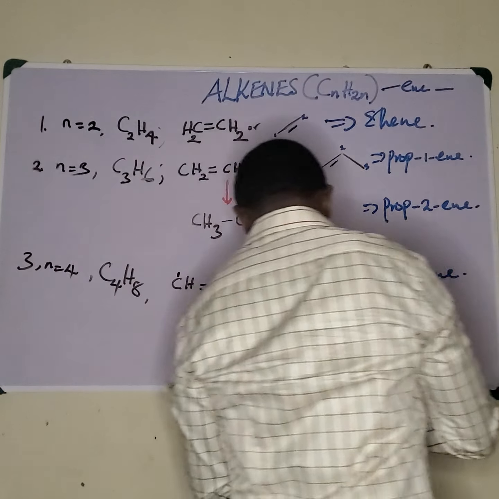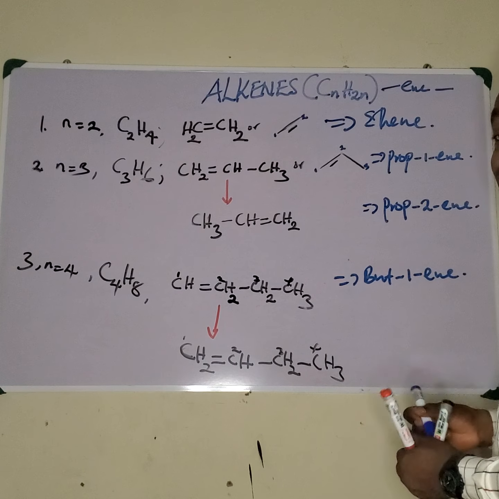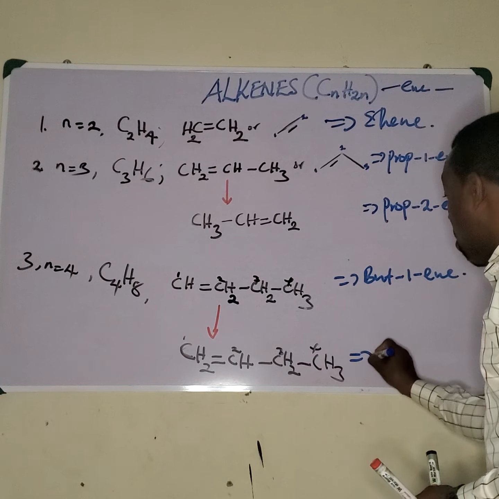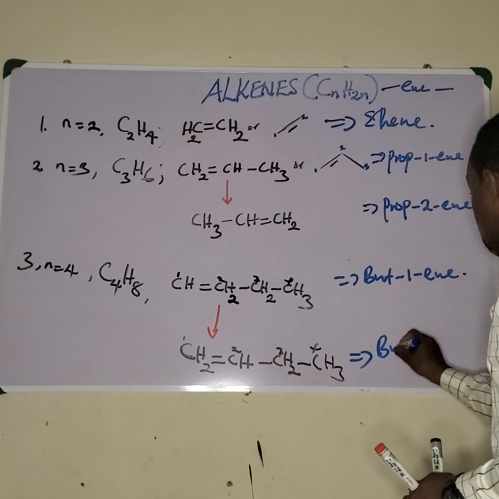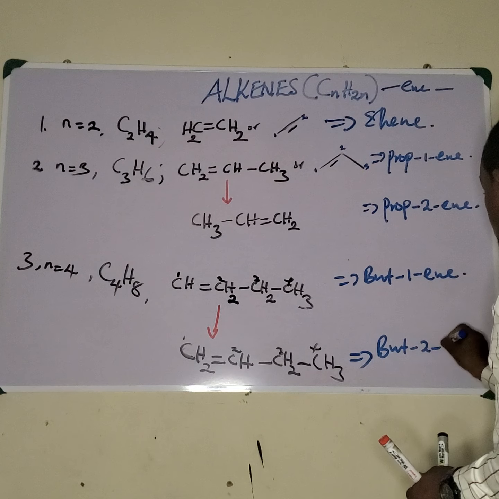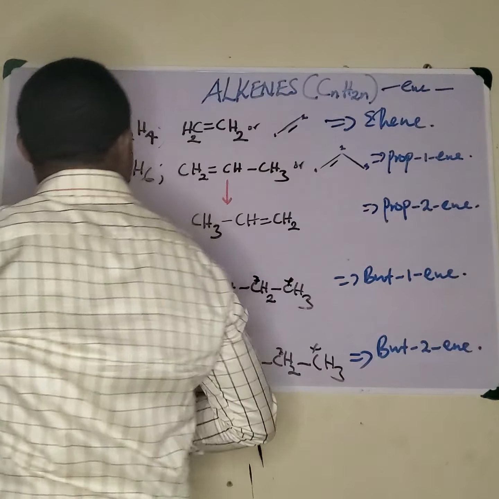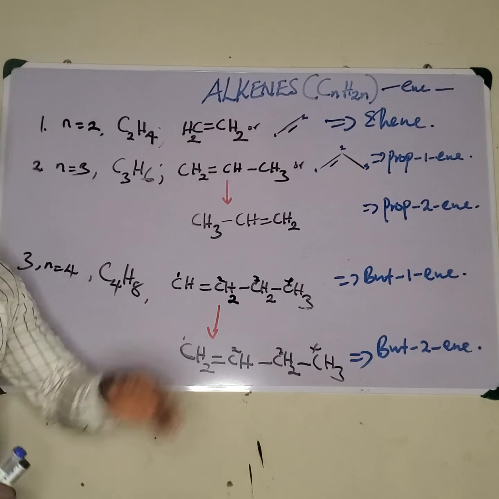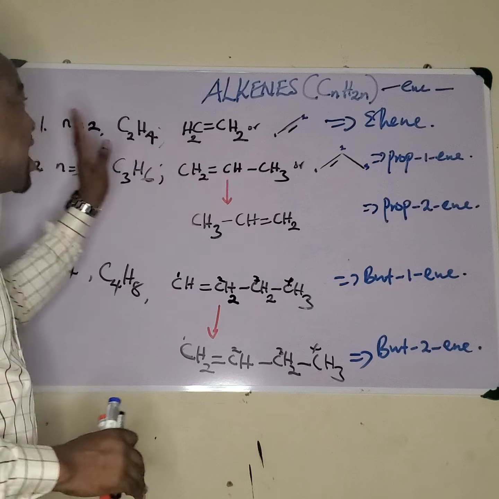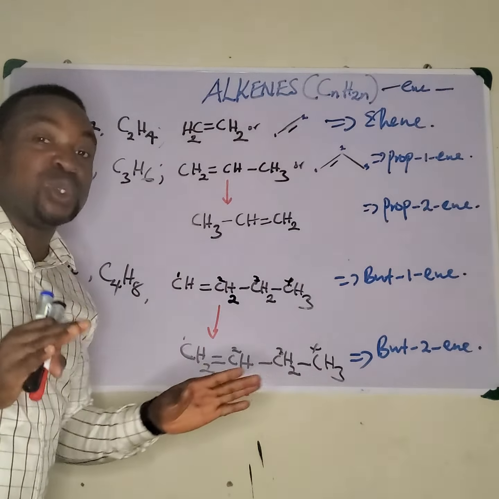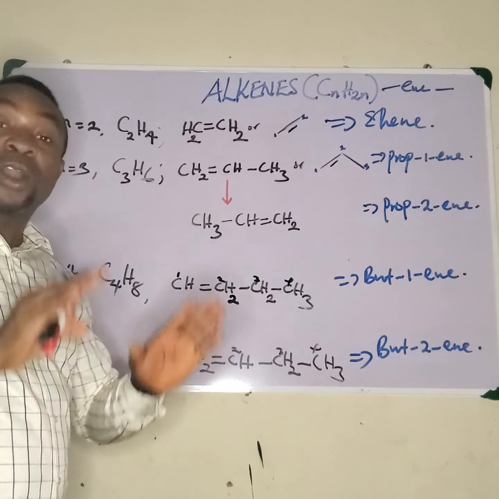So remember, in naming of your hydrocarbons or organic compounds, this one is but-2-ene. All the 6 rules I have given to you on alkenes, they are correct.